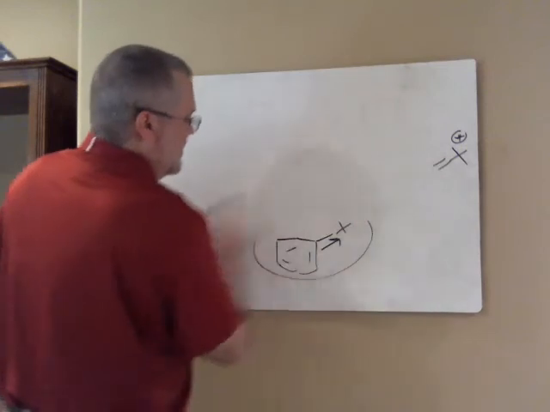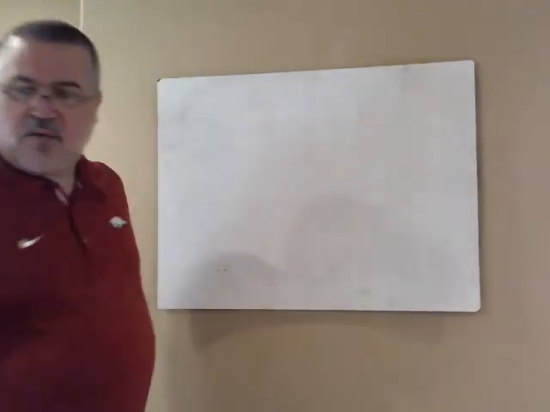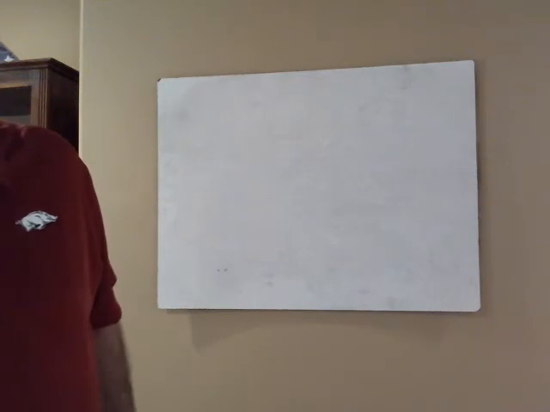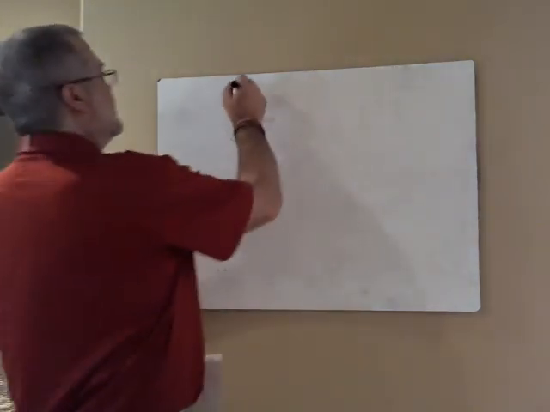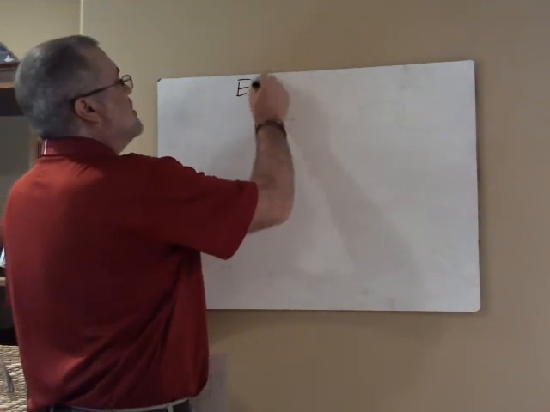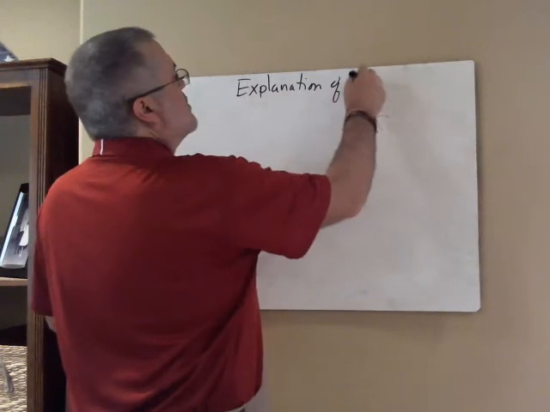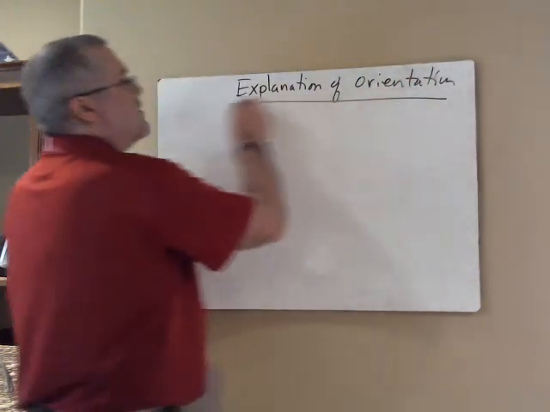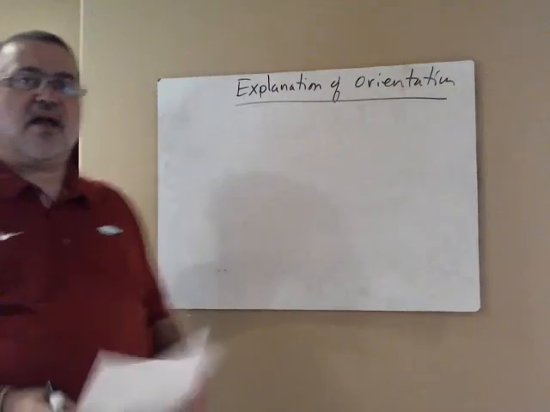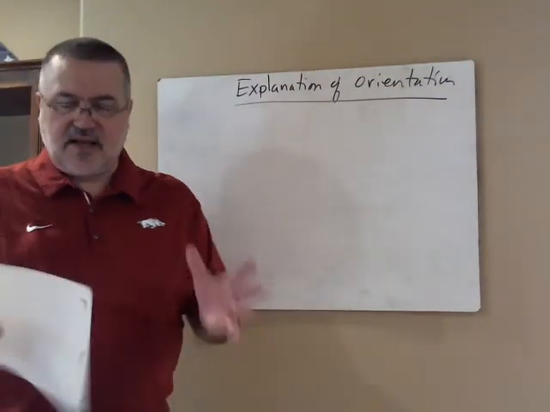So the next thing we want to talk about, this covers the reactivity, how we affect the reactivity of the ring. And so now what we want to talk about is the orientation. So, explanation of orientation. And again, we said it was correlated to reactivity, and it is.